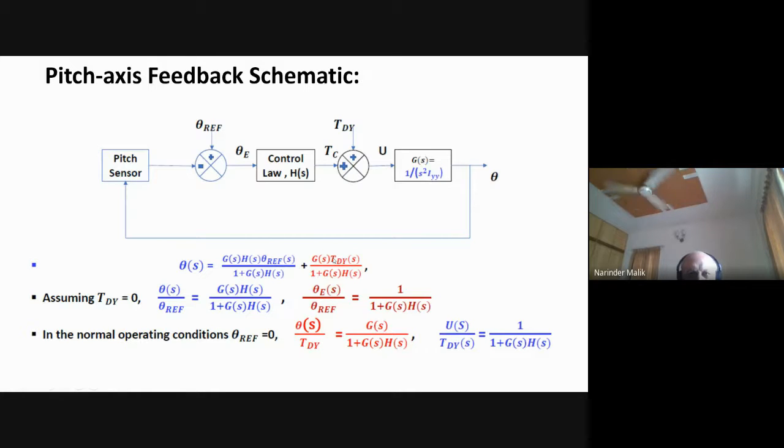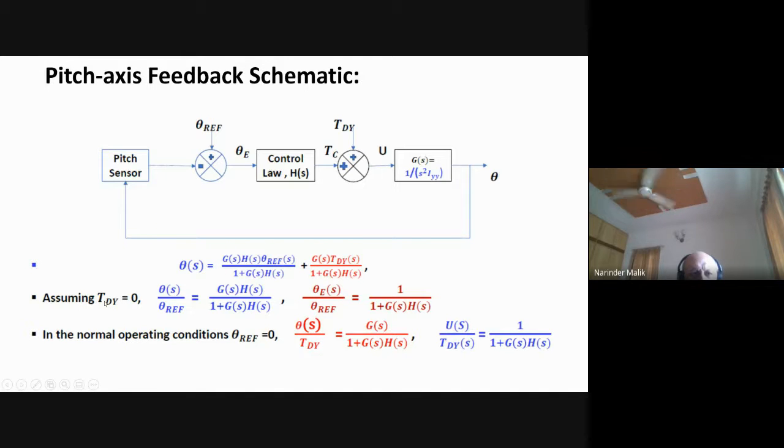I don't know whether you are familiar with this control feedback system or not, but you simply take theta reference minus theta, into this H, plus Tdy, divided by this, equal to theta. You can simplify and you will get this kind of expression.